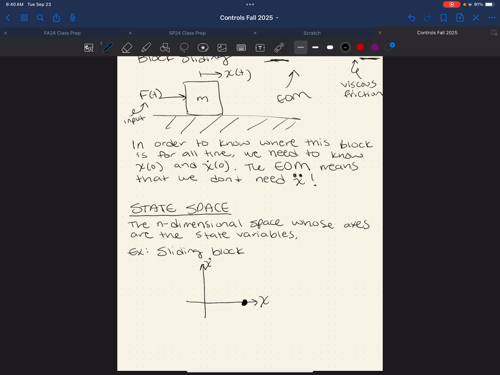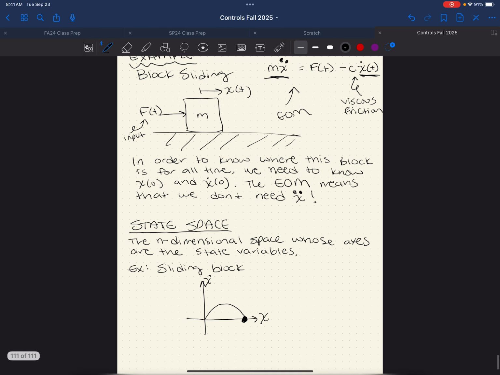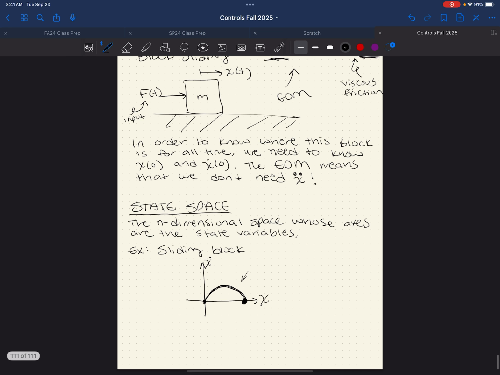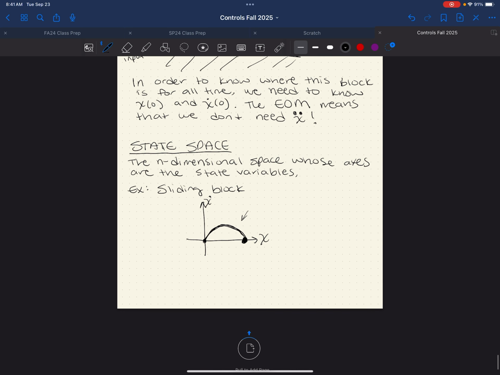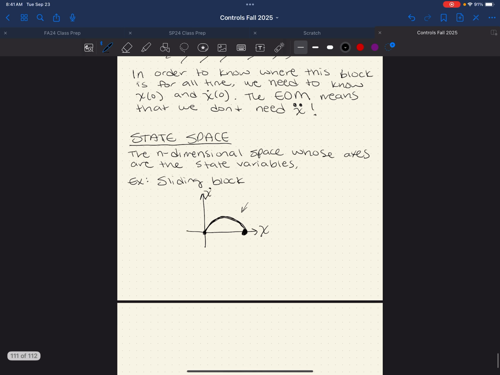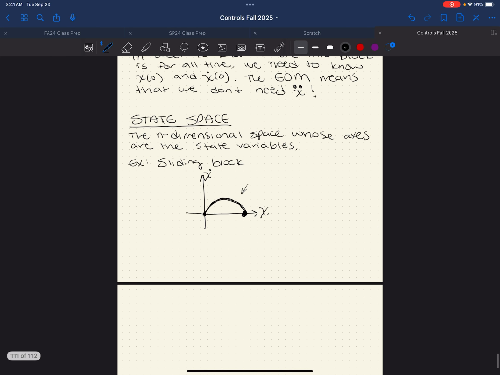When I let it go, it's going to pick up velocity and it's going to return towards the origin. And maybe it oscillates back and forth a little bit, or maybe the viscous friction is enough that viscous friction starts to slow down the block, and eventually it settles back at the origin with zero velocity. Okay, so this is the trajectory that our system follows through the state space because of some non-zero initial condition.